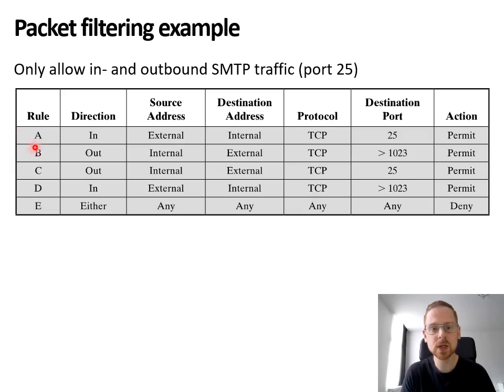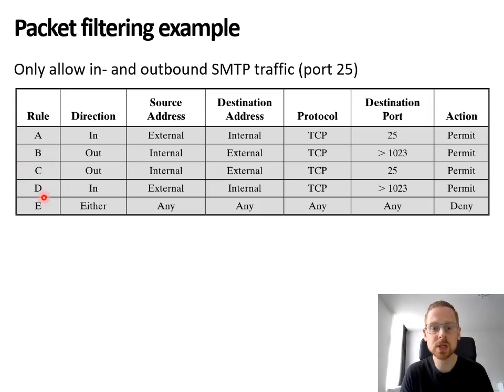And as you can see in the first rule, it allows TCP traffic coming to port 25, so incoming SMTP traffic. However, the SMTP traffic coming through port 25 in the internal network will originate from an external port that is above 1023. So here we need to allow all traffic outbound to an external address using a port number above 1023.